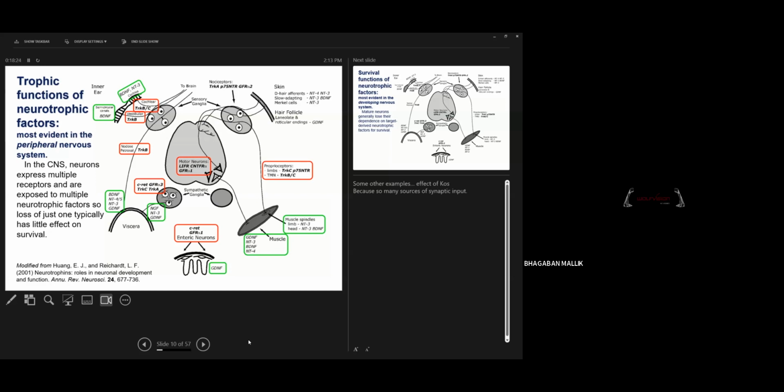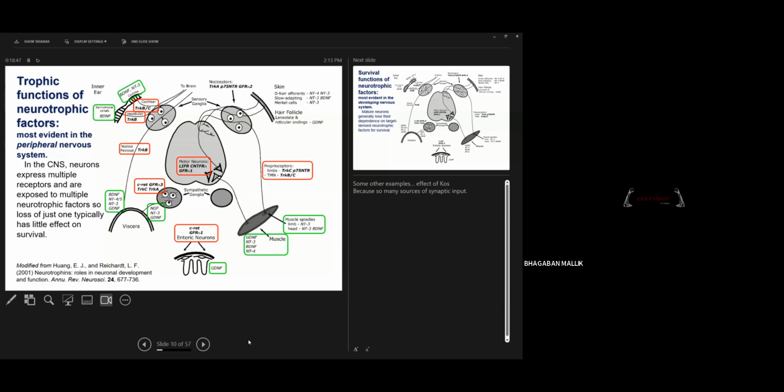So all these types of diversity are there. The neurons innervating skin have different types of receptors, either TRK, P75NTR, or GFR alpha 2. So you have different types of receptors in the neuron, and different types of neurotrophins in the target. The target here is the skin.